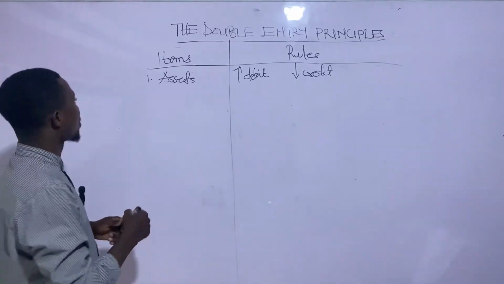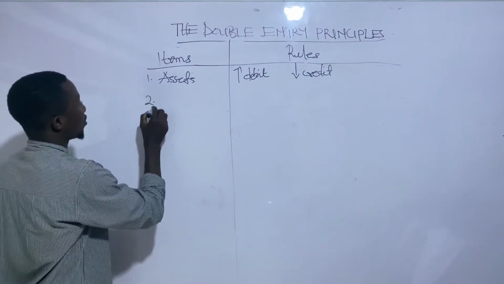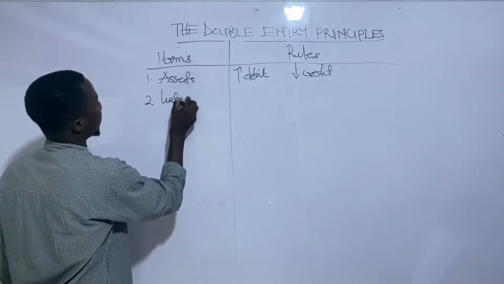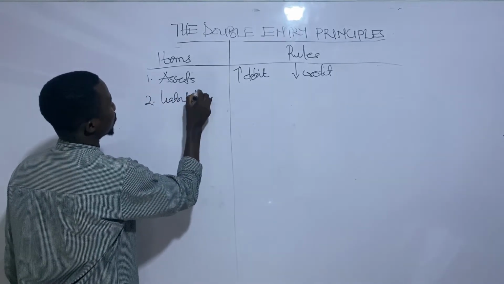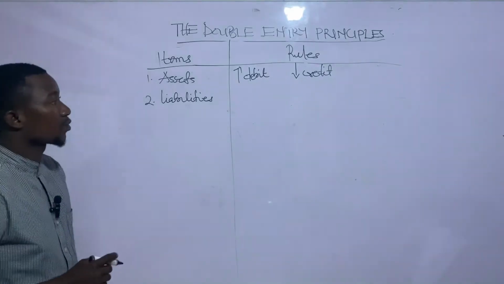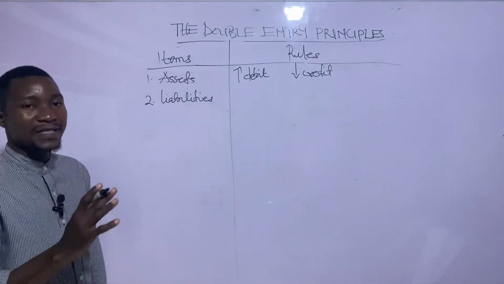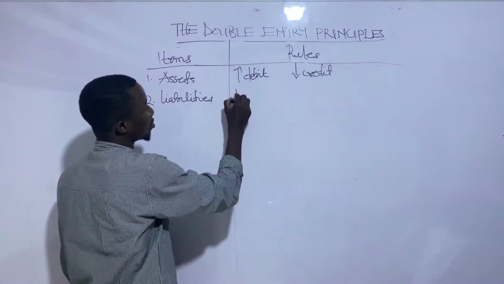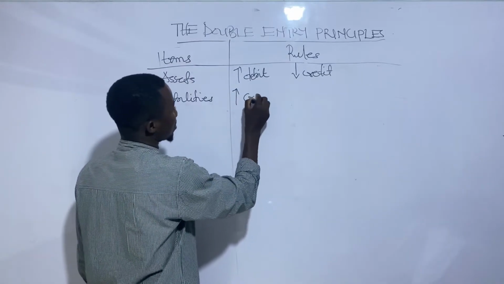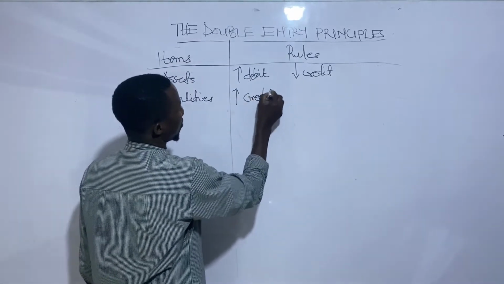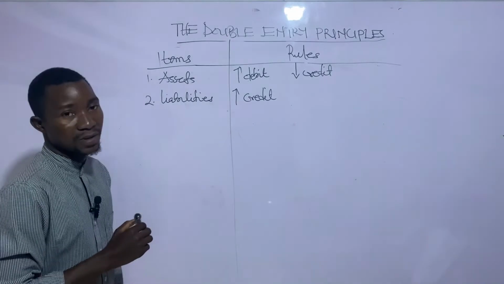Is that okay? So well, we can also talk about what we call liabilities. So anytime liability increases, we credit it. We credit liability account.